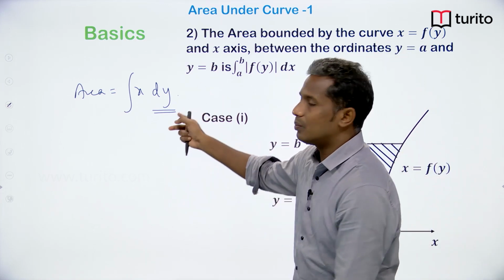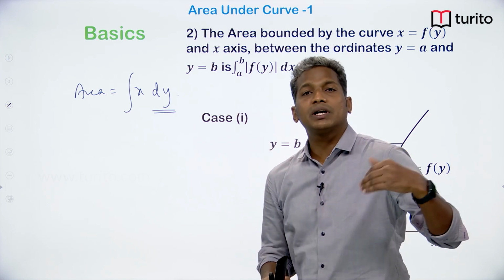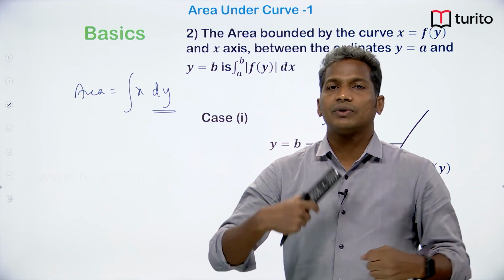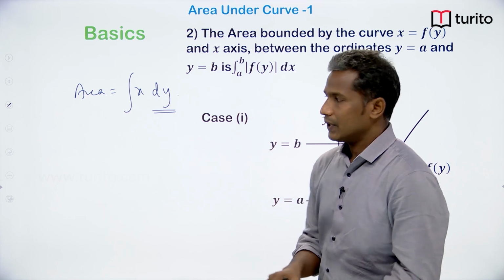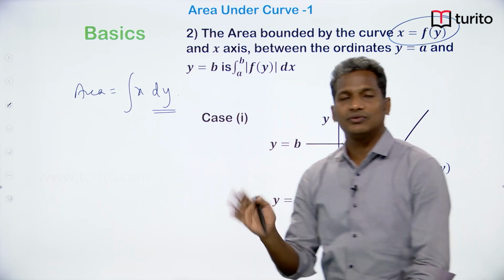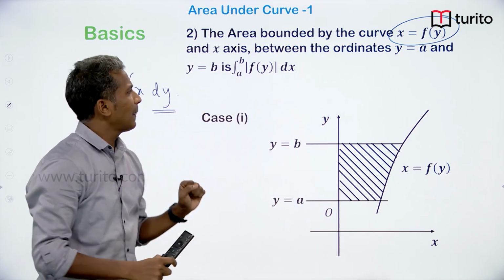So x also must be converted in terms of y. If it is not given, we have to express x in terms of y and then integrate. That is why I have written the function as x equal to f of y. So that means x is written in terms of y.